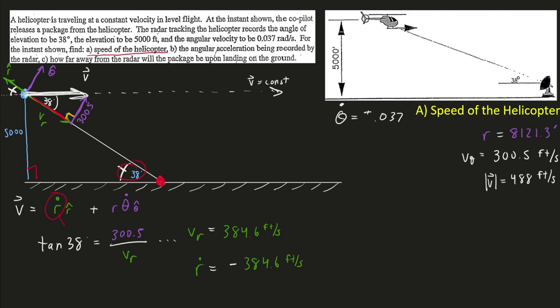Another way you could have seen this is when you're looking at our r component of velocity, notice that it is in the negative r direction. Here's our positive r direction. And because of that, you can put a negative here to say that, and then the math will give you the negative itself. But every time I'm dealing with numbers, I'm always asking, what does this number represent?